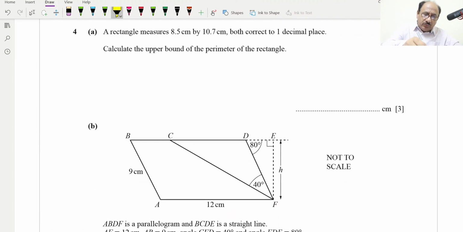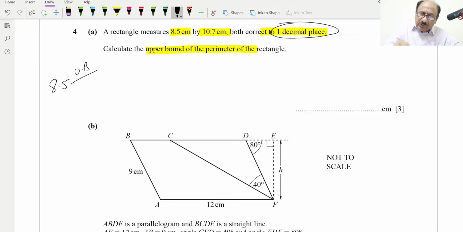Question number 4. A rectangle measures 8.5 centimeter by 10.7 centimeter, both correct to one decimal place. Calculate the upper bound of the perimeter. So we can check. Upper bound will be upper bound of 8.5. Upper bound will be what?